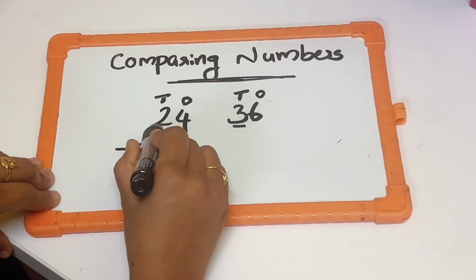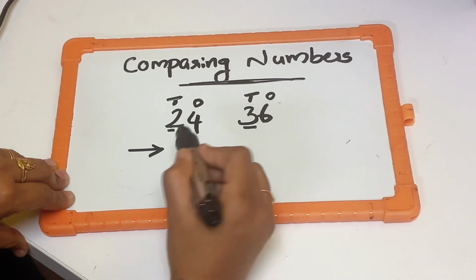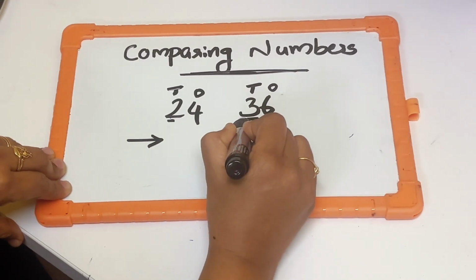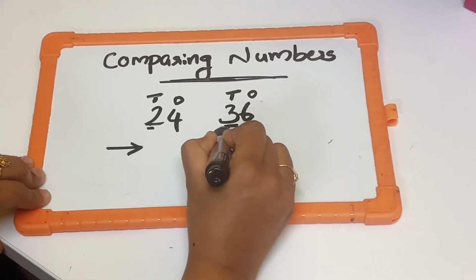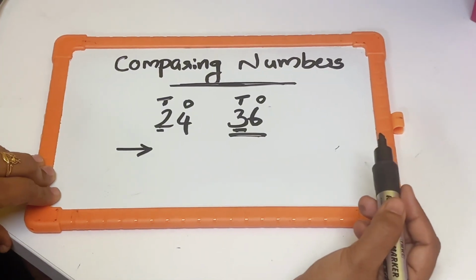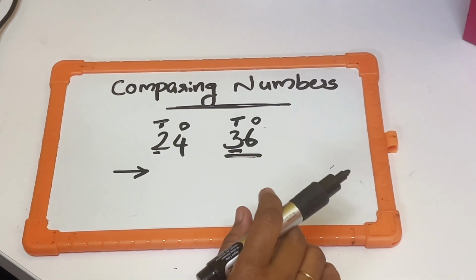So let's compare the two digits, 2 and 3. Which is greater? 3 is greater, right? So this number starts with 3. 36 is a bigger number than 24. If the tens place contains the same digit, we have to compare the ones place number.